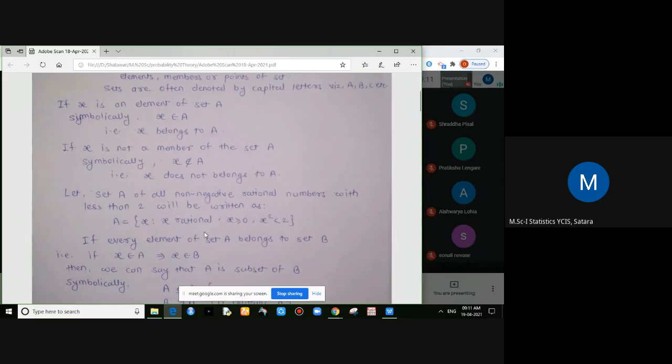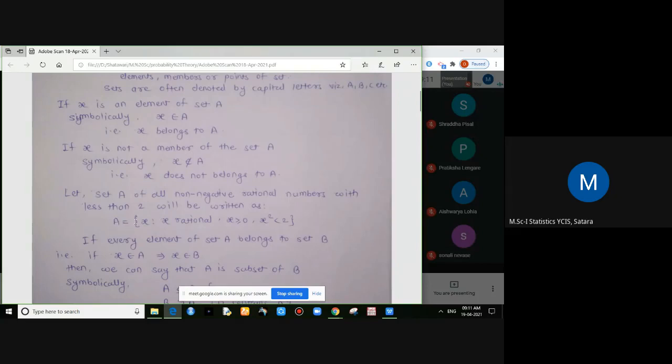And in set notation, how do we write it? Let set A be the set of all non-negative rational numbers. This is just for example. All non-negative rational numbers whose square is less than 2 will be written as follows.